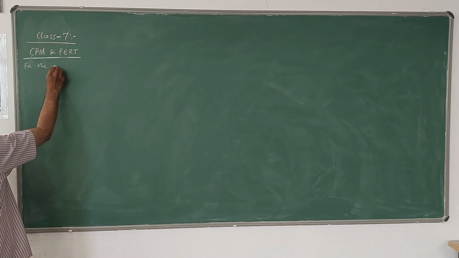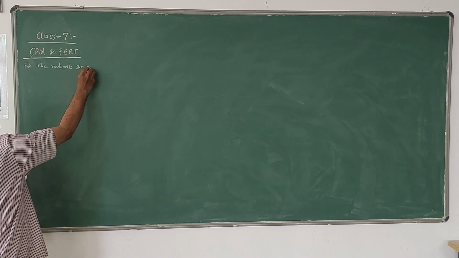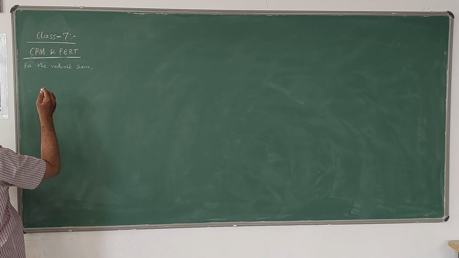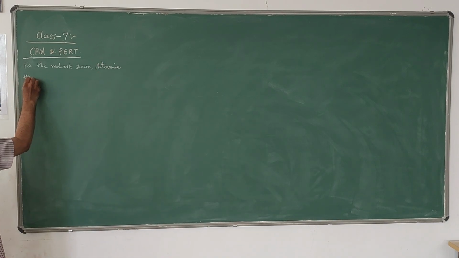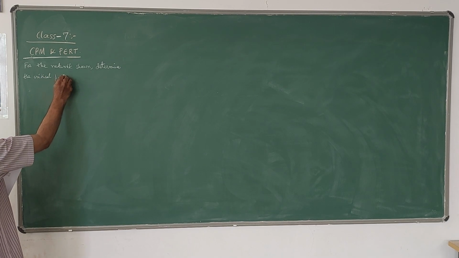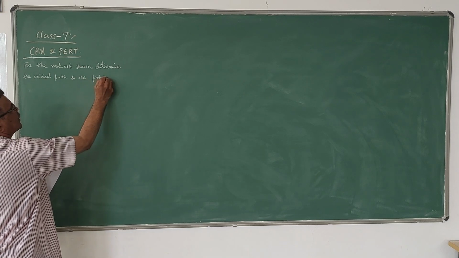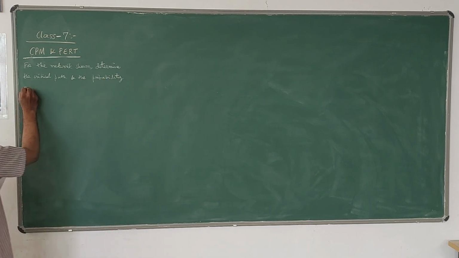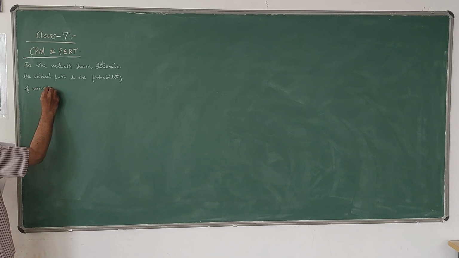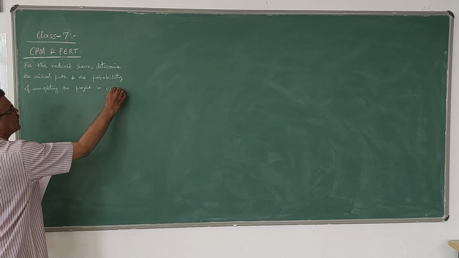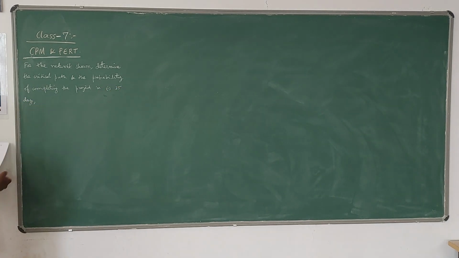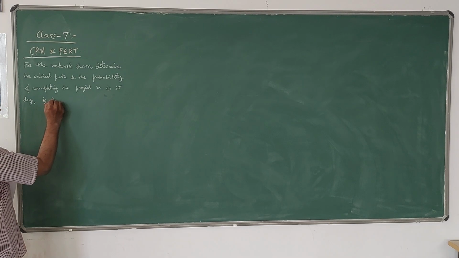For the network shown, determine the critical path, and the probability of completing the project in number 1, 35 days, number 2, 30 days.